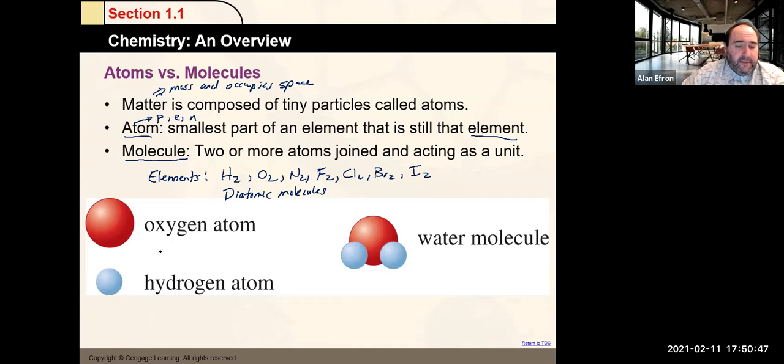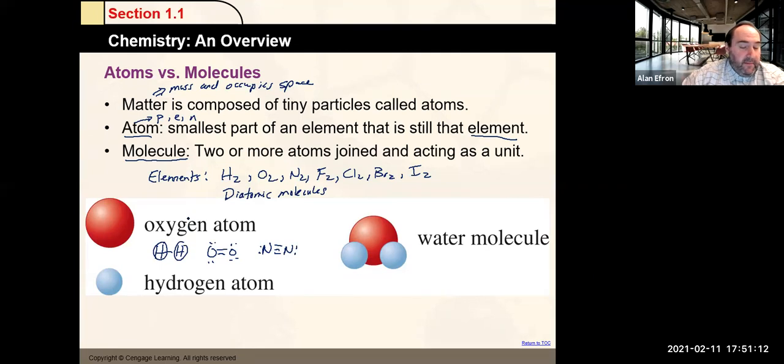They're diatomic molecules because something like hydrogen is 2 hydrogen atoms together. Something like oxygen is 2 oxygen atoms that have been bound together. Nitrogen is 2 nitrogen atoms bound together. They're all molecules because they meet the basic definition of a molecule: one atom attached to another atom.